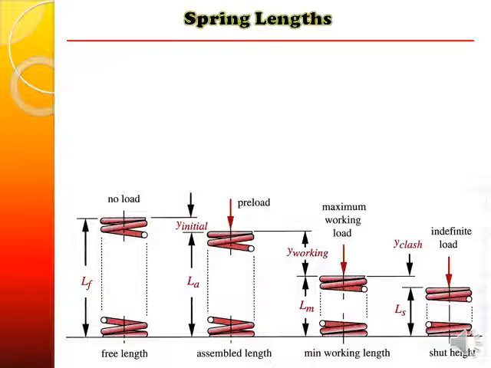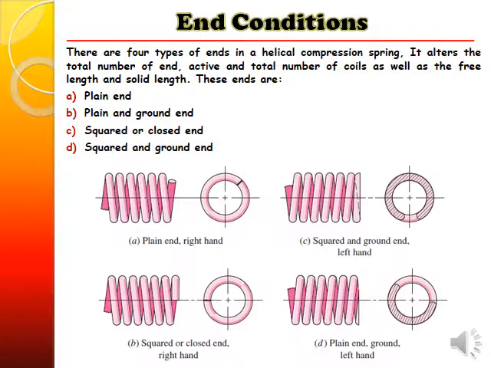You look at it over here, the end is flat. But it's not necessary. We can have different end conditions. One we call plain end, one is called squared and ground end, one is called squared and closed end, and one is called plain end and ground.